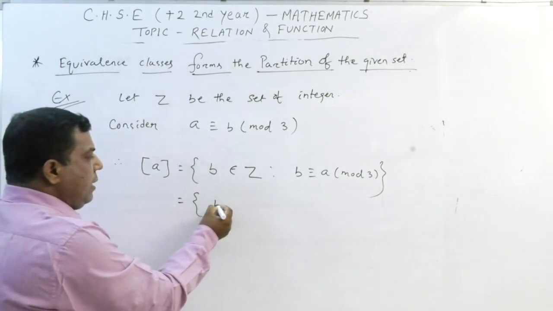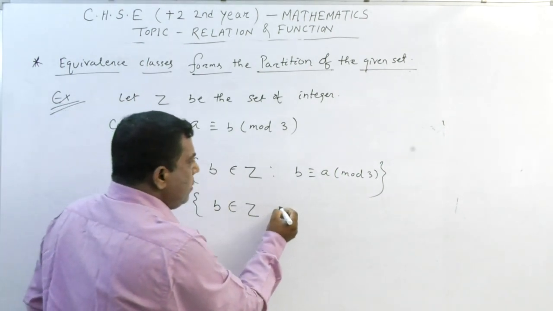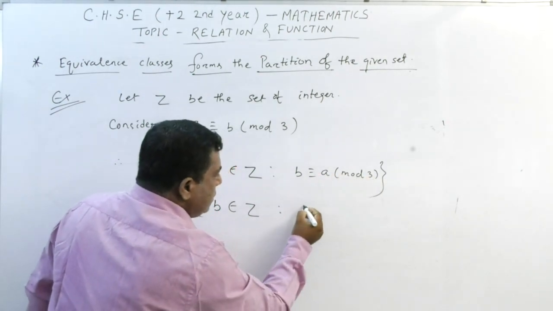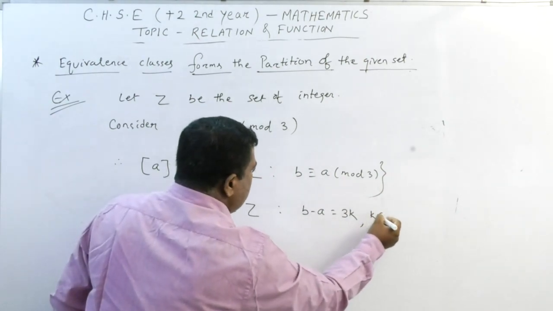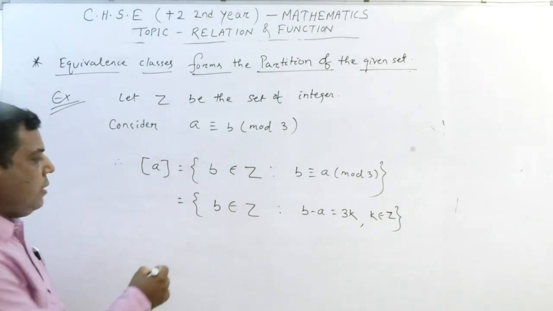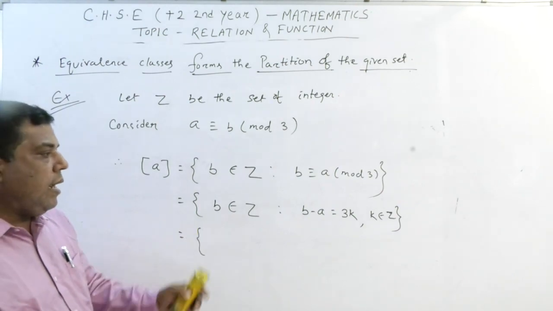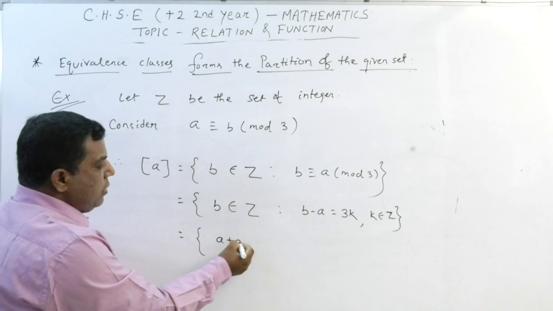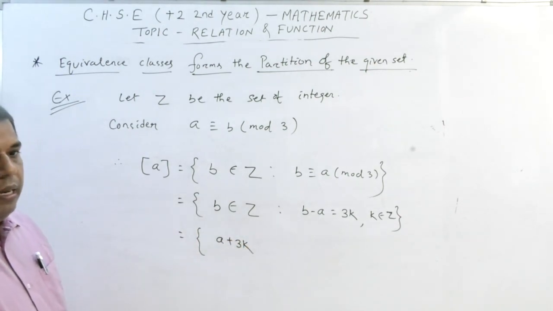It means those b belonging to Z such that b is congruent to a modulo 3, which means b minus a equals 3k where k belongs to Z. Yes or no? Or we can write it as b equals a plus 3k.